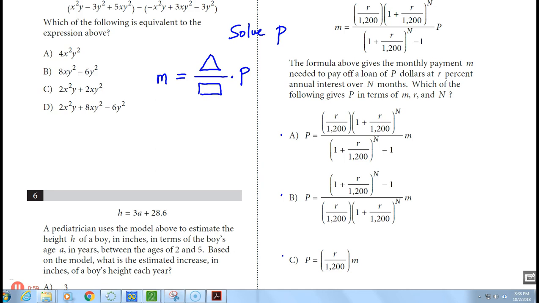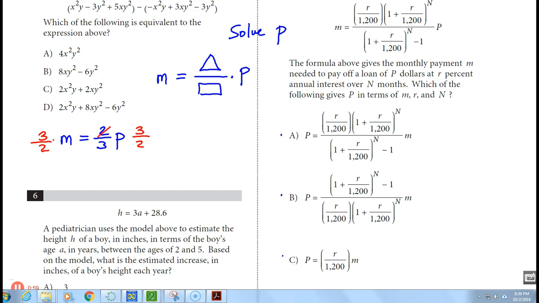Well, pretend these were numbers. Pretend that you had M equals 2/3 P. And if I ask you to solve for P or get P by itself, there's a couple different ways you could do it. The old school way that I like to do is I would multiply by the reciprocal. I would multiply by 3/2, and I'd multiply this side by 3/2.